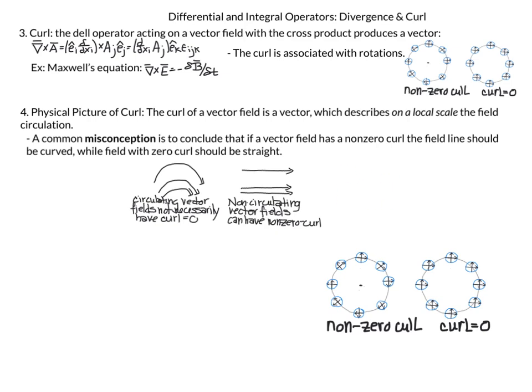As we've seen, it's possible to have a circular vector field with a curl of 0 as well as a non-zero curl. These are our two examples. Here we have something traveling in a circle with non-zero curl, and here we have 0 curl. Similarly, you can have things that travel in a straight line with no curl, but you can also have something that's still rotating as it travels in a straight line.